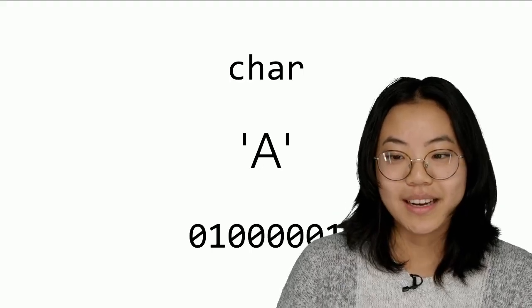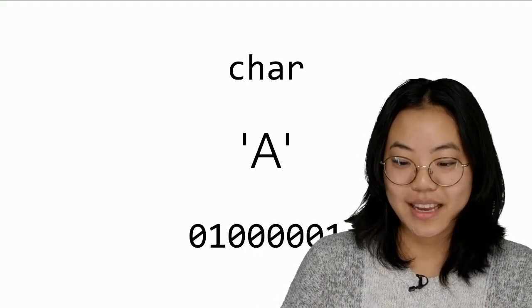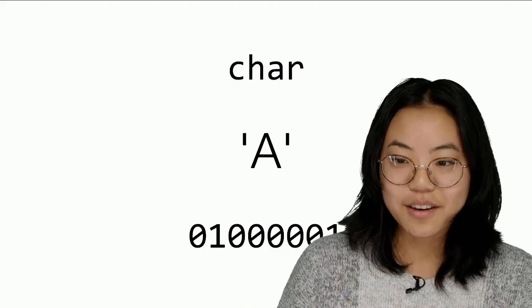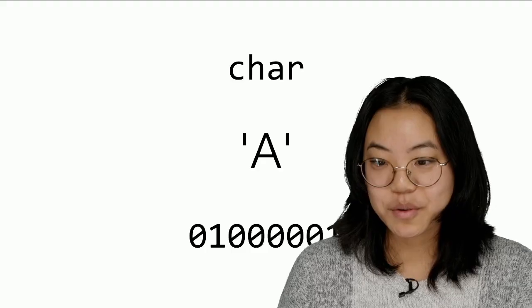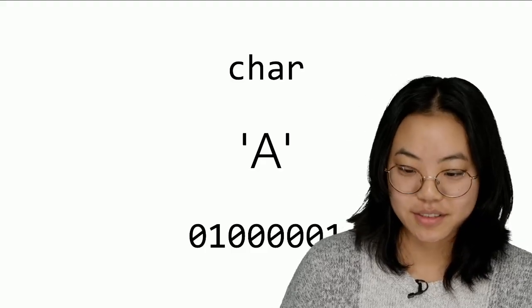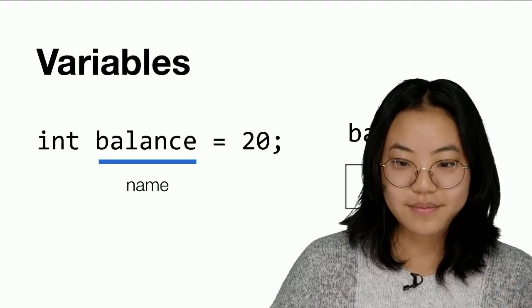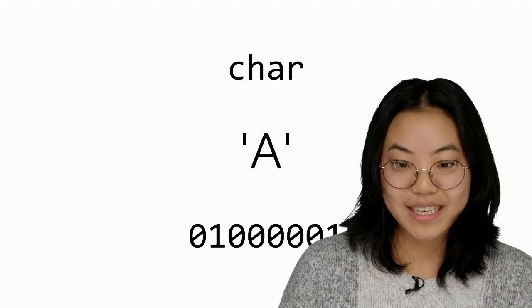We remember with the ASCII table, we've assigned certain letters to certain numbers, and that's how we know whether or not something is, say, a char or an integer. So these things can have different meanings in the computer, and so it's up to us to tell the computer, hey, this is supposed to be a letter, or hey, this is supposed to be an integer.